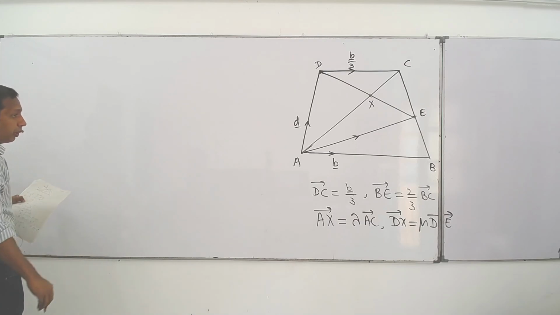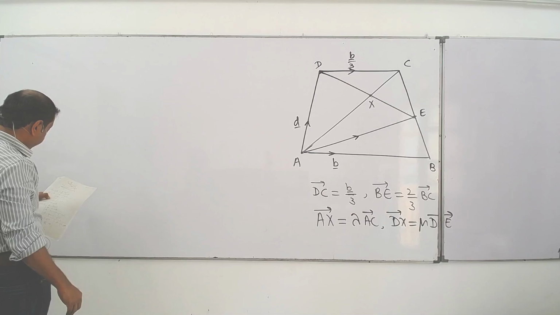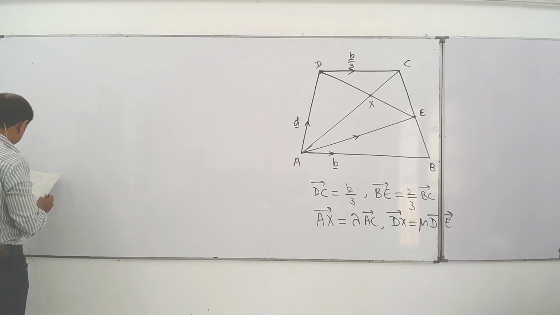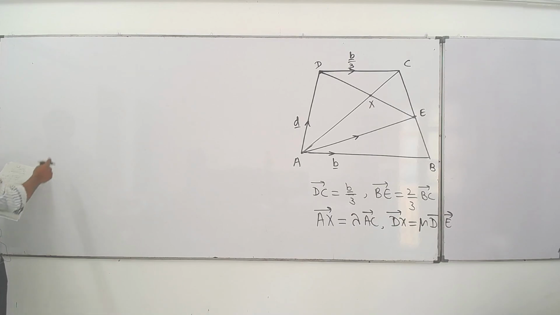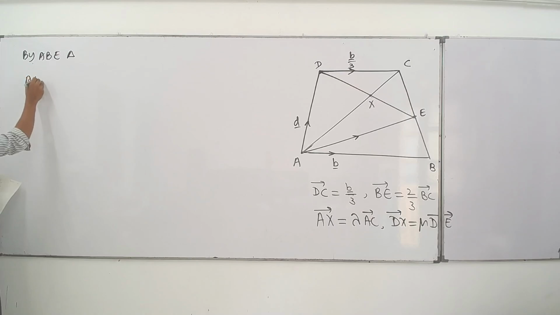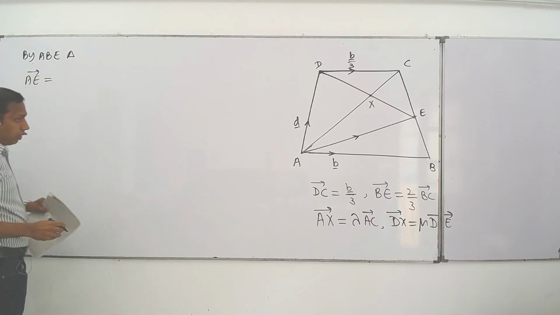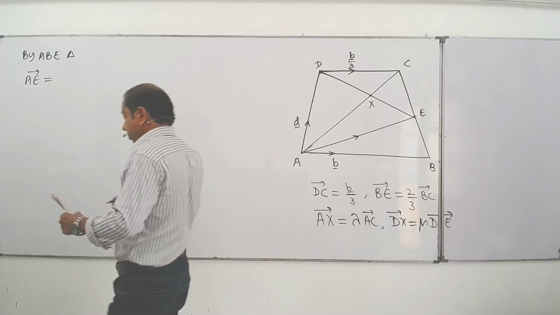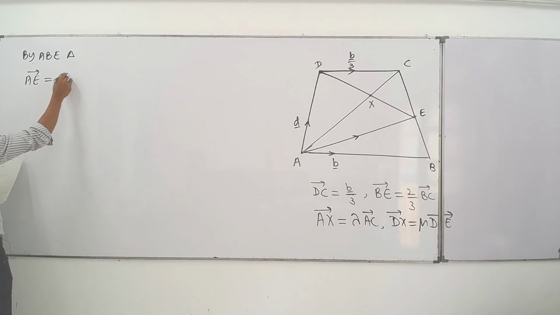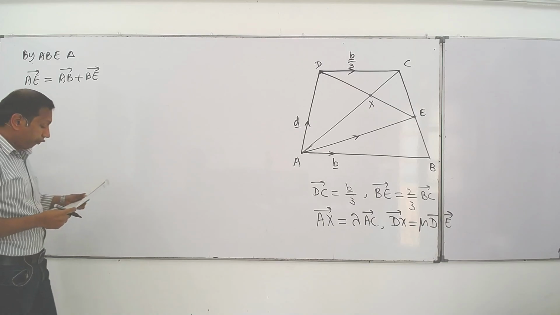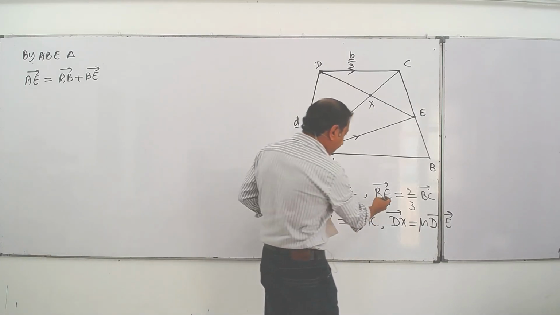First one, by triangle ABE we can write AE. AE vector you can write as AB plus BE, by the triangle of vector addition. But we are given BE is 2/3 BC.